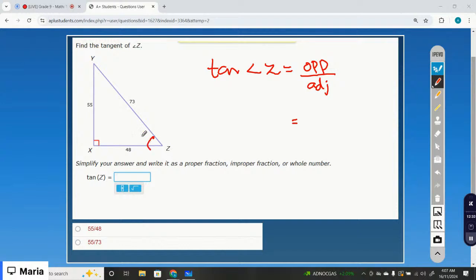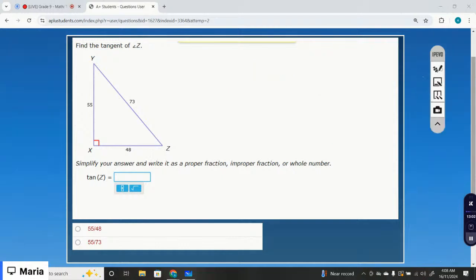So from angle Z, opposite is 55 and adjacent is 48. The correct option is option number 1, that is 55 over 48.